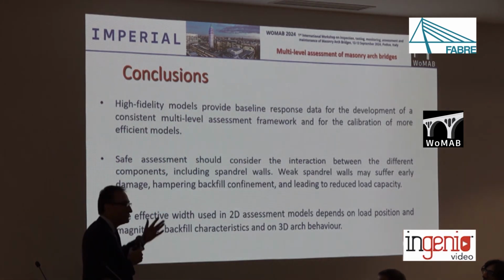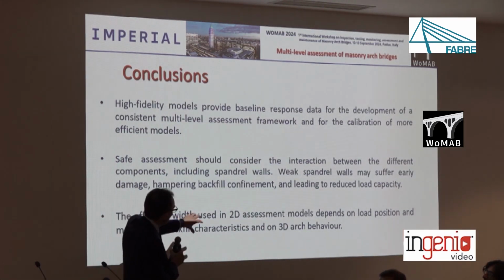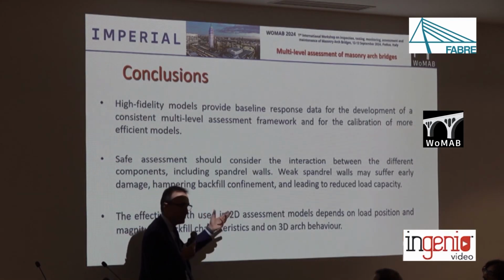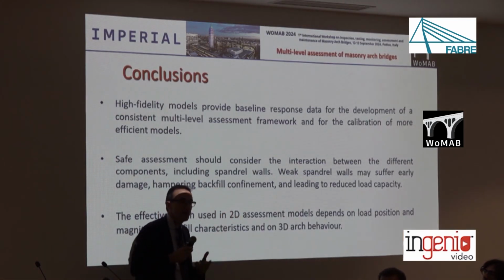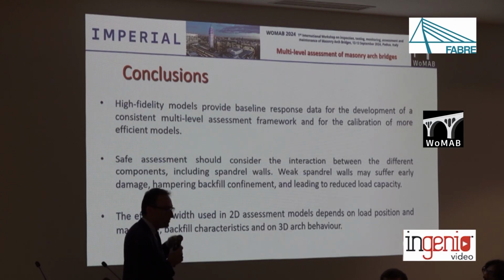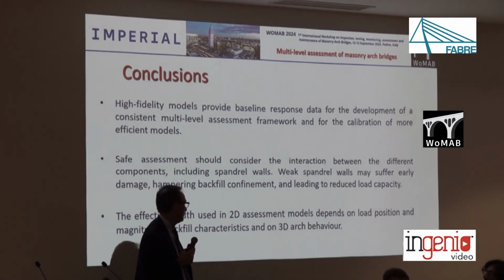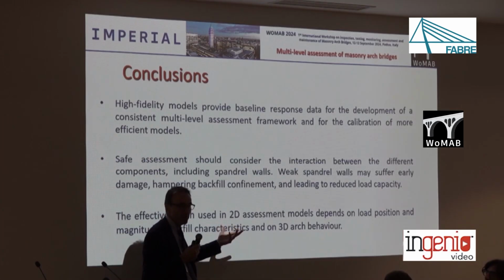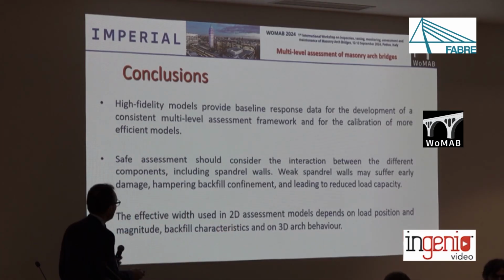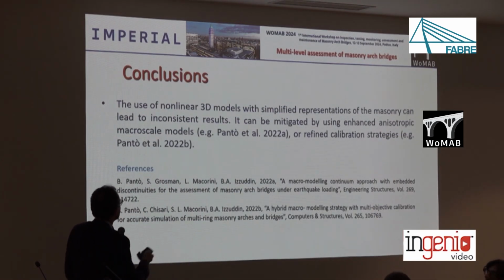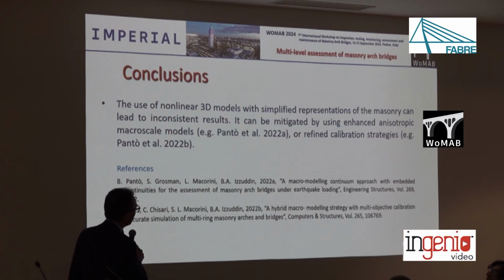Regarding the use of 2D models, more studies are needed to establish realistic effective width parameters, which in my opinion should depend also upon other parameters, which are not just geometrical parameters. And then there is the limitation of the standard macro-scale isotropic model. So there is still a need here to improve the description of the material at the macro scale.